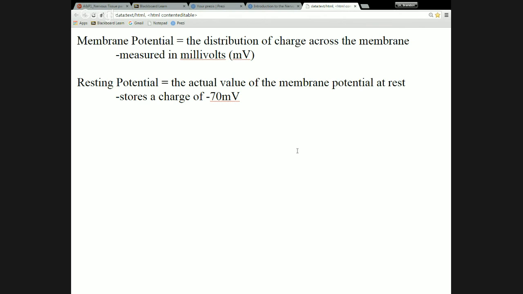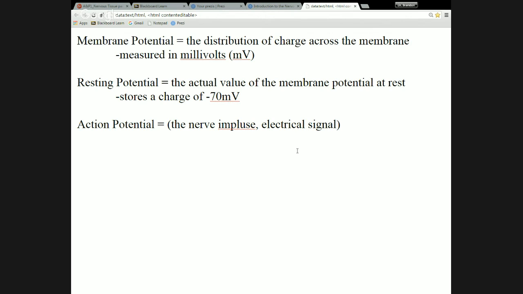The other important term that we use is action potential, which is a little bit more complex to define. It is what we've called the nerve impulse, or an electrical signal.